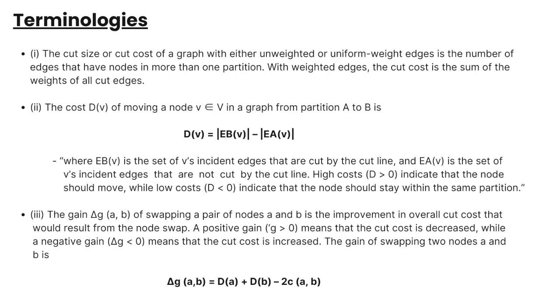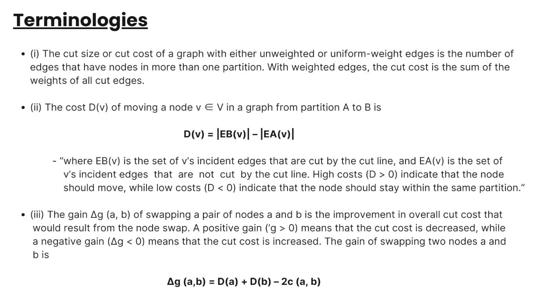The cost function dV is defined as dV equals the cardinality of set EBV minus the cardinality of set EAV. Here EBV is the set of edges incident from node V and cut by the cut line, while EAV is the set of edges incident from node V but not cut by the cut line. High cost implies that the node should be moved, and low cost implies that the node should not be moved.